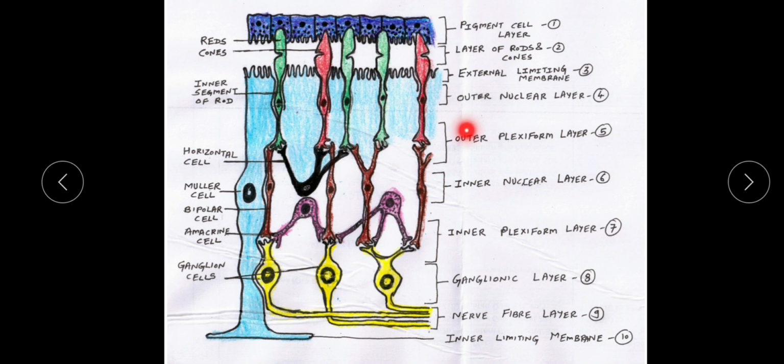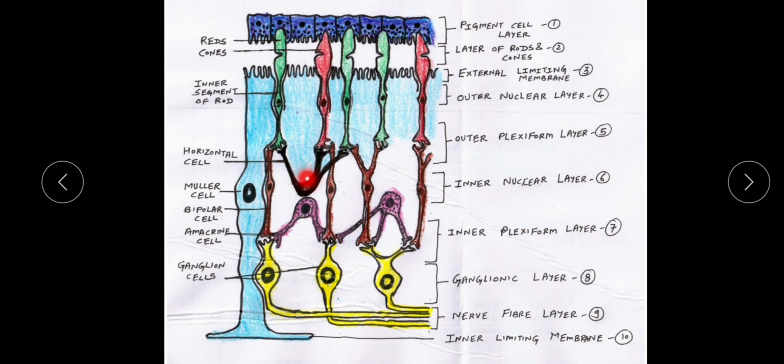After that, there is the outer plexiform layer, which contains the synapses between the processes of the photoreceptors, the bipolar cells, and the horizontal cells.